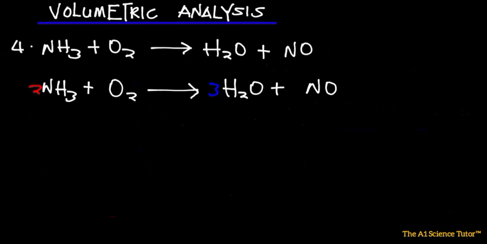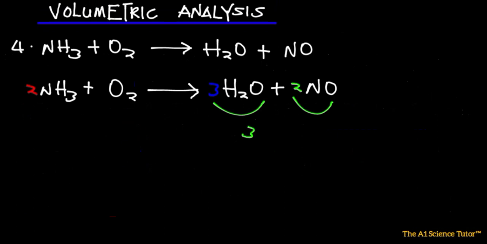And the problem now will be for nitrogen. So we have created 2 nitrogens here, and we need to balance that out. So I need to rewrite that. I need to place a 2 there. Now we have 3 oxygen there and 2 oxygen.